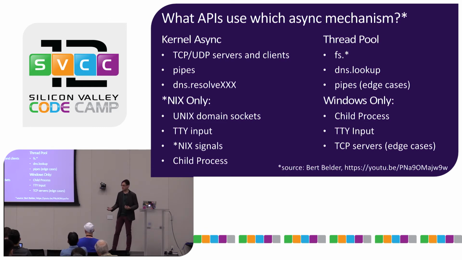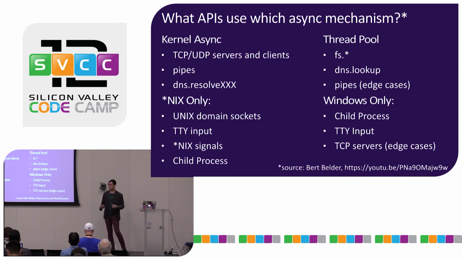But there are some things that don't have C++ asynchronous primitives. And the big one there is actually the FS module. So all of your file system calls, those are actually run inside of a thread. And typically when you're working with the file system, the speed of your hard drive is going to be your limiting factor. But suppose you have a really, really fast disk system that causes the CPU to get really intense.